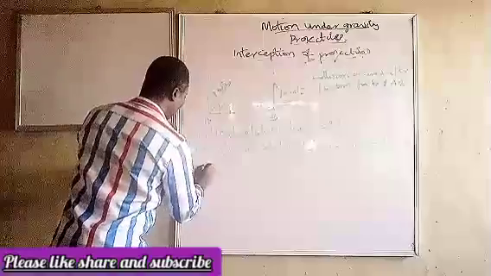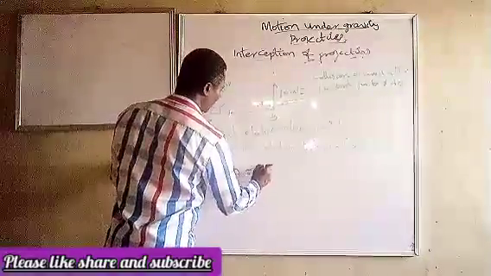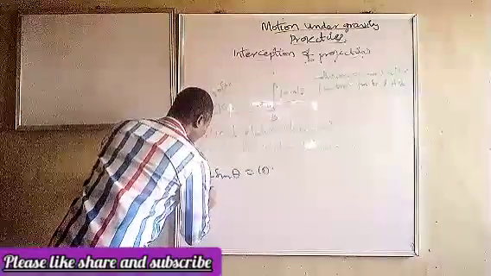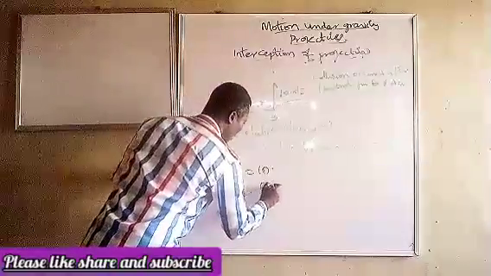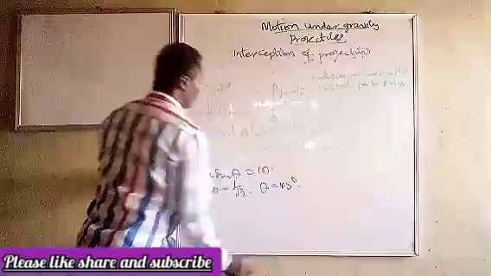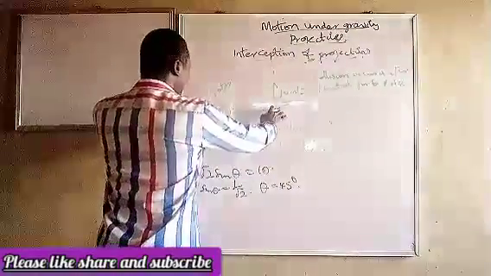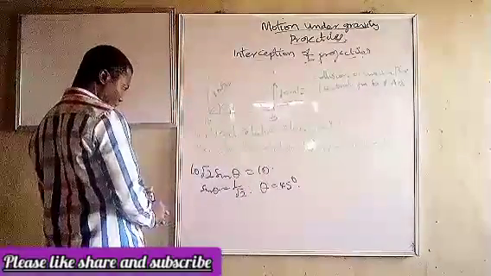So 10 root 2 sine theta will be equal to 10. So sine theta is equal to 1 over root 2. So theta is 45 degrees. Simple, straightforward. Because it is on the same level, it makes the calculation very easy and straightforward.